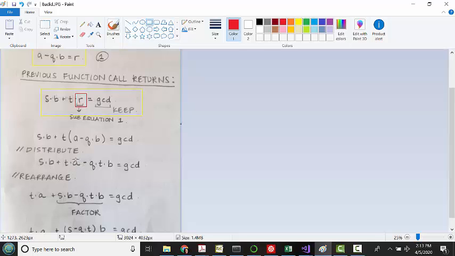However, here I've got a TA, and here I've got something with a b in it, and here I've got something with a b in it. I would like, in my next step, to rearrange this equation so that the two terms that have b's in them are right next to each other. So that's all I've done going from this line to this line. The t and the a are now first, and these two things with b's in them come second and third.